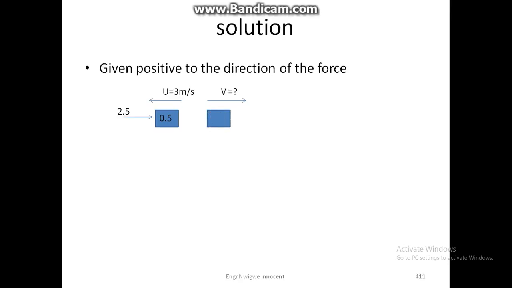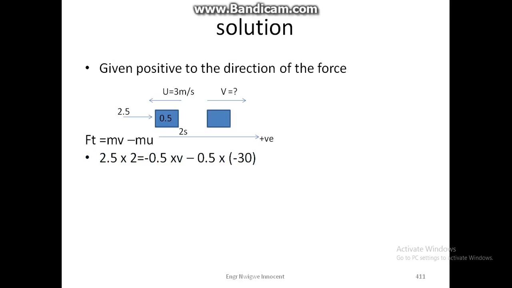From the formula of momentum, you have that force times time, Ft, is equal to mass m times final velocity v minus mass m times initial velocity. Then substituting the values, we have 2.5 for the force times 2 for the time is equal to minus, since we are giving positive to the direction of force, the final velocity is in the negative direction.